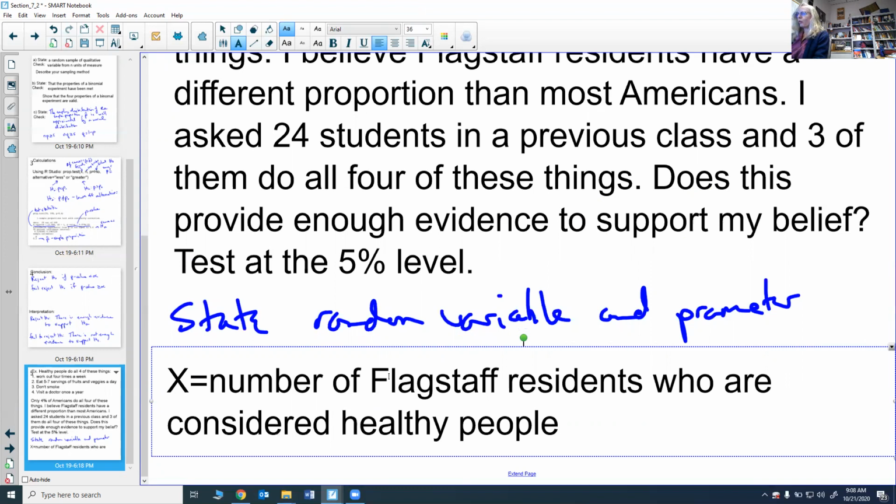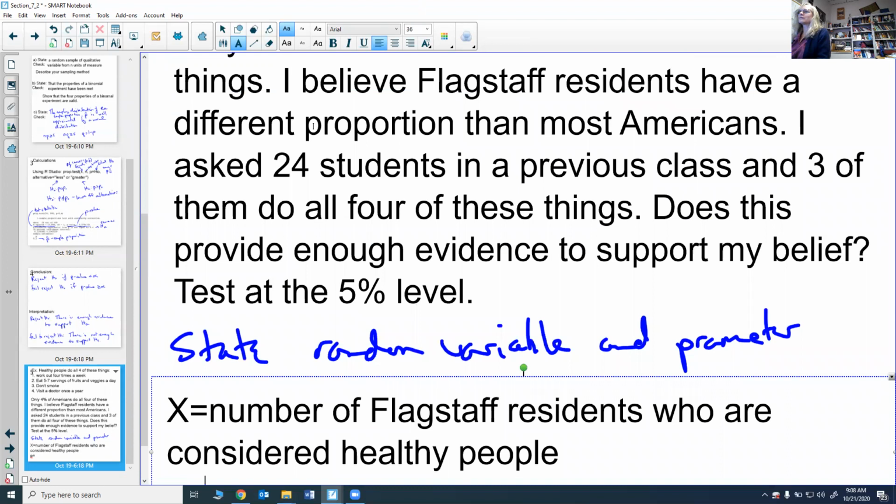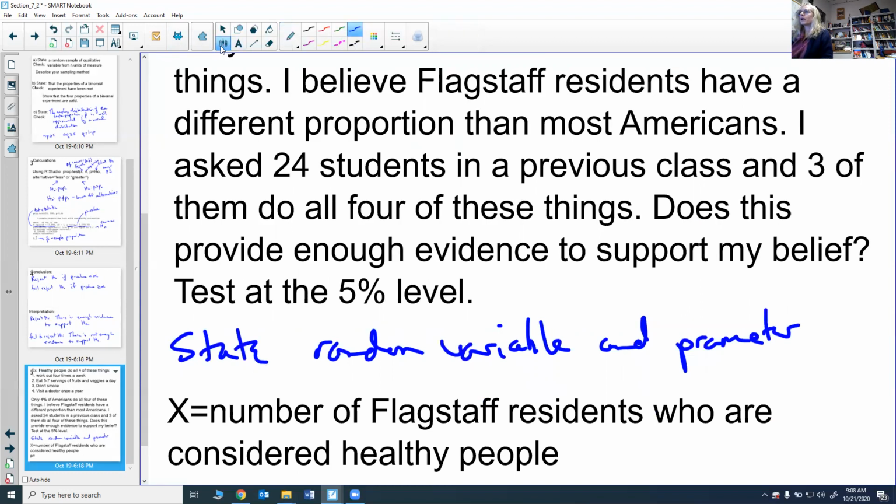Again, I don't know what this is. So when I go to write my proportion, my parameter is a proportion. And I can find that out a lot of times because right here it says the word proportion. So look for that kind of stuff. Look for where it says what that is, because a lot of times your wording that you want to use is somewhere in this. Not always, but a lot of times it is. So look first to see what it is, and you've got that word proportion right there.